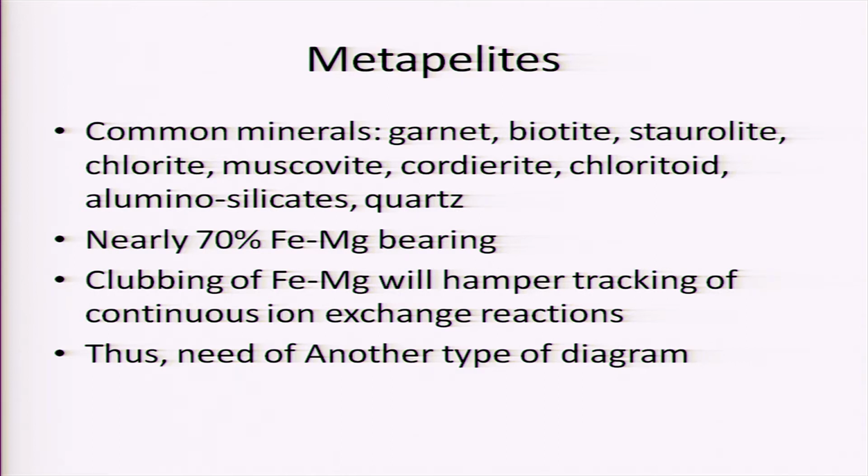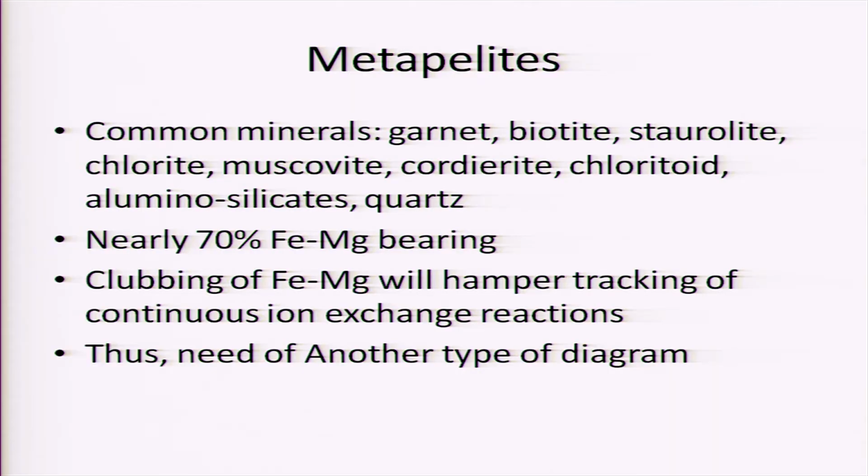Metapelites commonly contain minerals such as garnet, biotite, staurolite, chlorite, muscovite, cordierite, chloritoid, aluminosilicate and quartz, and we require special diagrams for these. J. B. Thomson devised a diagram known as the AFM diagram.